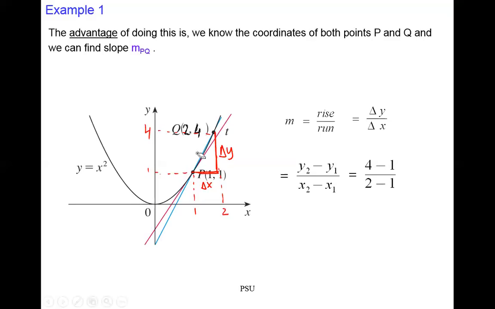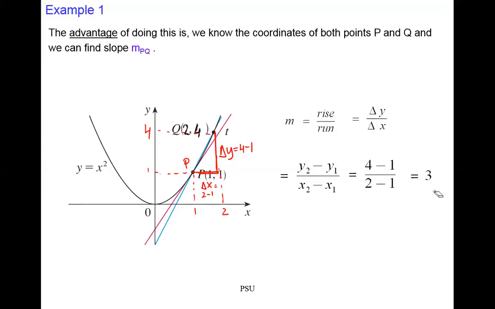For the point P, it's 1. So 4 minus 1, the difference in these values, over 2 minus 1. And then we have 3 over 1, 3. That's the slope of the secant line. It's still not our tangent line.